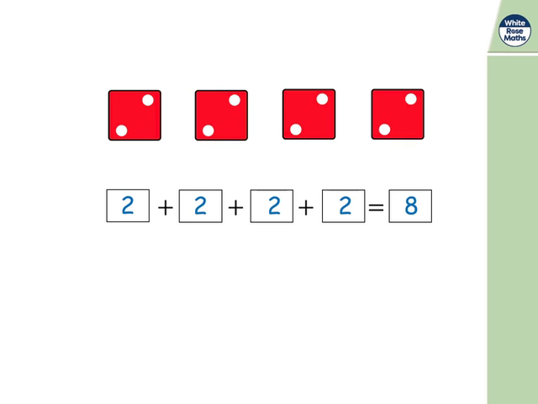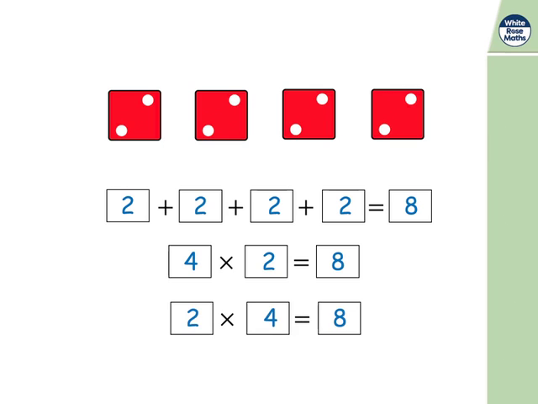So we might write this calculation as 4 groups of 2, which is equal to 8. We could also swap the numbers around and write it like this. We could read this as 2 4 times, which is also 8.